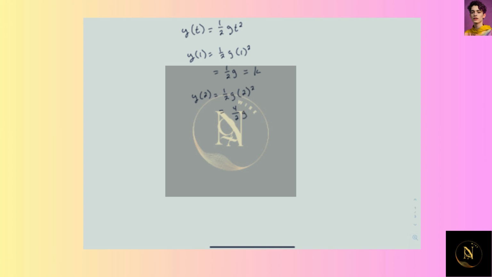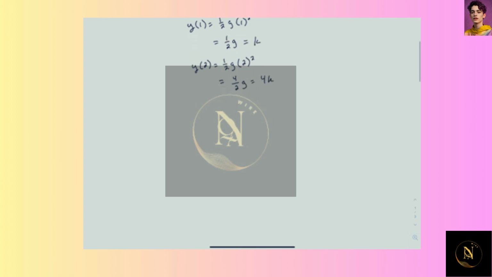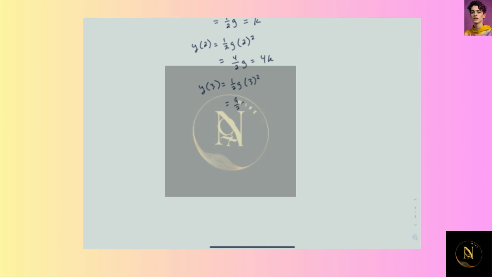I'm going to keep it as 4/2 g because we can see this is 4k. I'll do one more. Y of 3. We get 3 squared, which is 9/2 g, which is 9k.